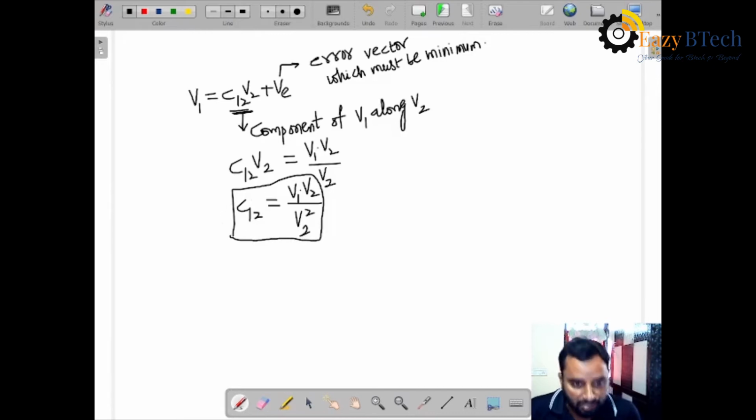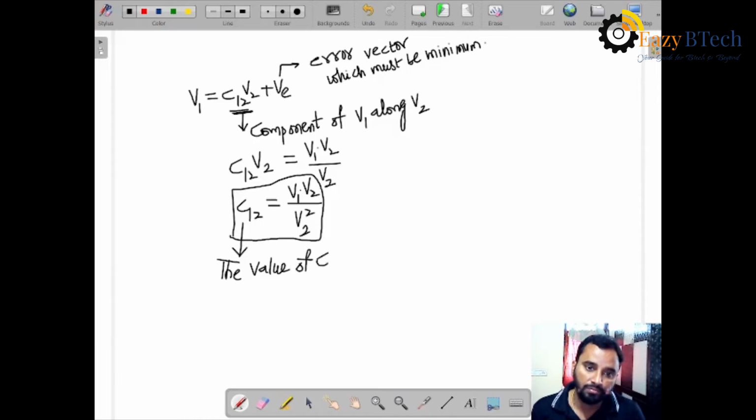Why are we discussing the value of C12? The value of C12 indicates the similarity between two vectors. How similar they are, how much they are similar, 10% similar or 20% similar or likewise.